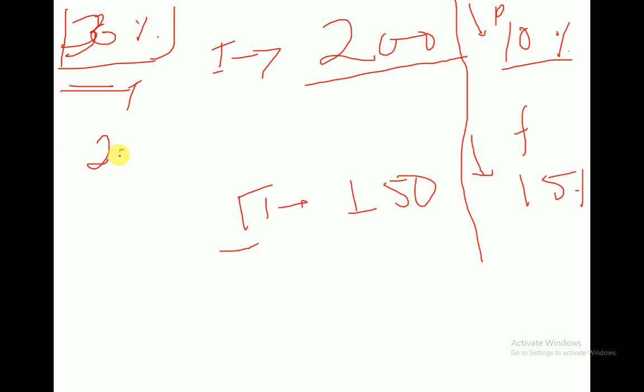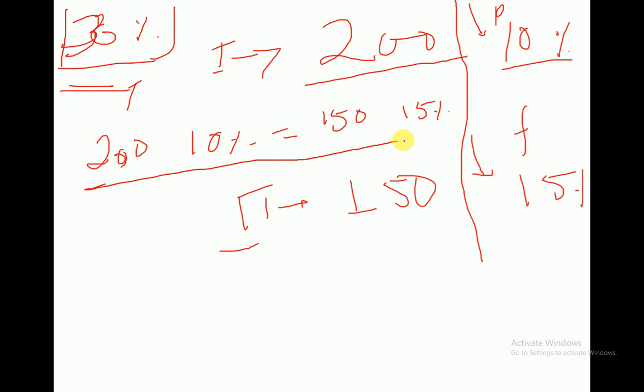Now, what we are equating here is the main concept over here. We are equating the passing marks. The one getting 200 is passed by 10% marks.